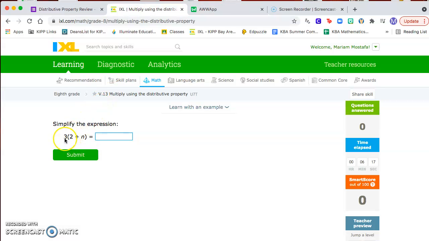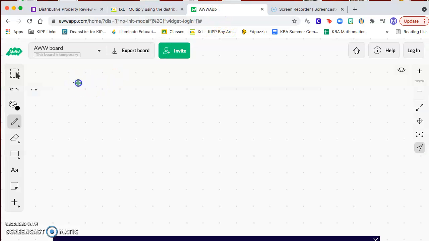So if you have something like 3, and remember when we see parentheses, parentheses always means multiplication. So if I have 3 parentheses 2 plus n, what that means is I'm multiplying 3 times 2 and 3 times n.